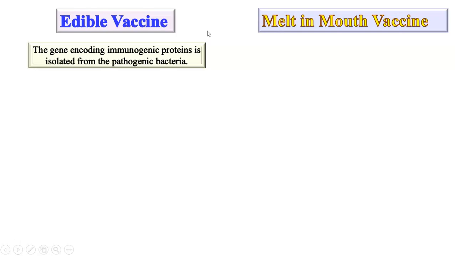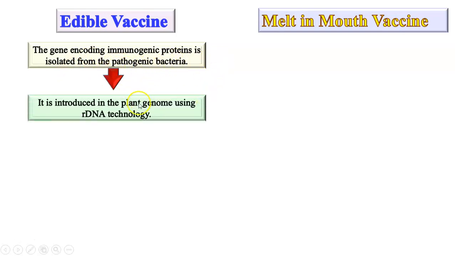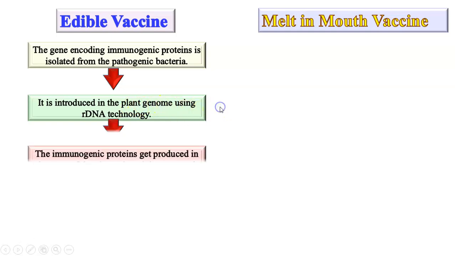Let us have a look at the flowchart for making of this edible vaccine. The gene which encodes for the immunogenic protein in that pathogenic bacteria is isolated from that pathogen. This gene is then introduced in the plant genome using recombinant DNA technology. The plant in which this gene is introduced is regularly consumed by human beings.